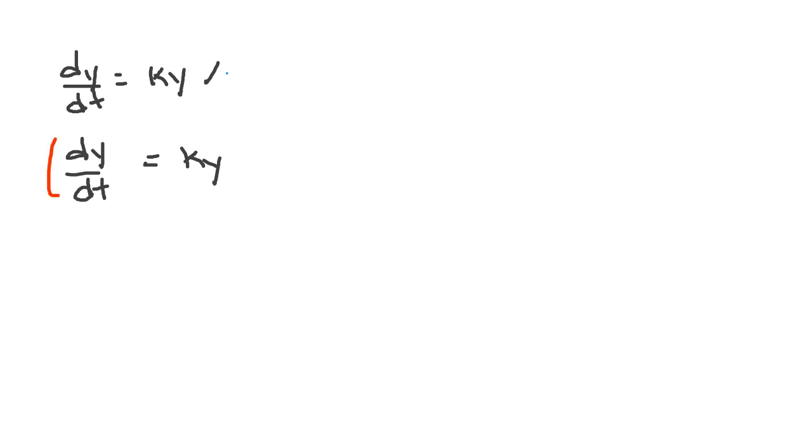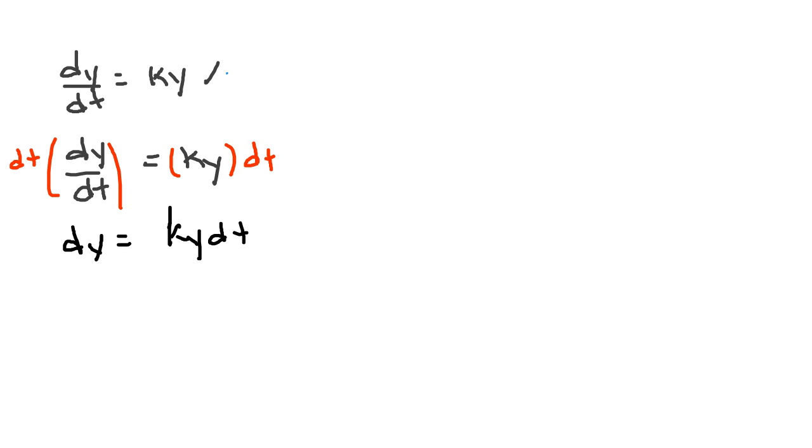I tend to like to have my y variables on the left side of the equation. So let me multiply through by dt. And if I do that, I'll get dy equals k times y dt.